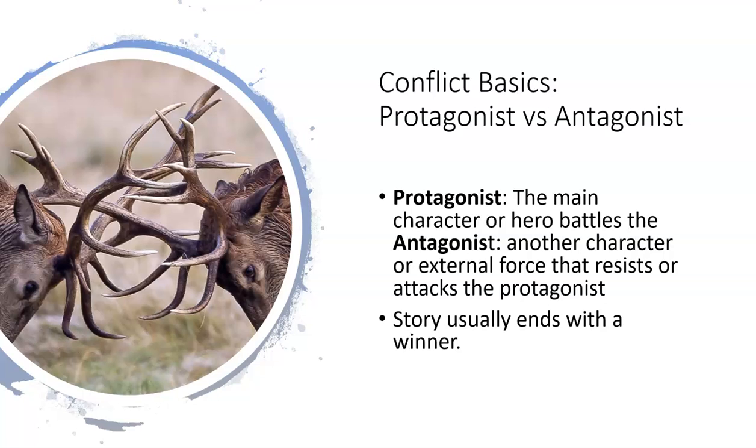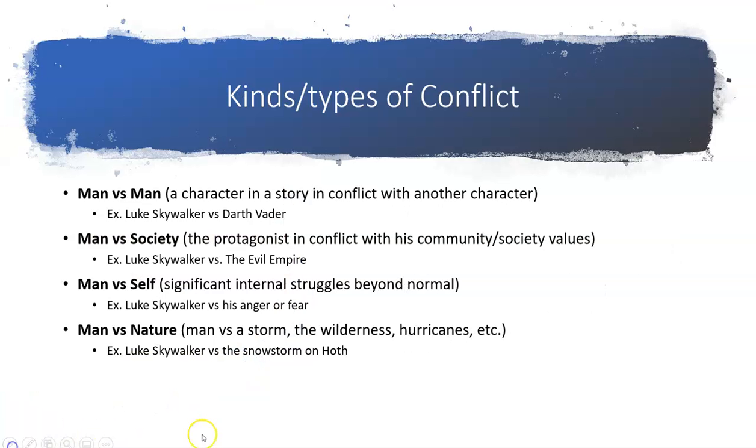So if it's extended, it can get more complicated, but in a short story, we're going to have one key antagonist, another character, or it could be an external force that resists or attacks the protagonist. So we always start with that, identifying who's the protagonist, who's the antagonist, and one is going to win and one's going to lose at the end, even though there might be other characters involved peripherally.